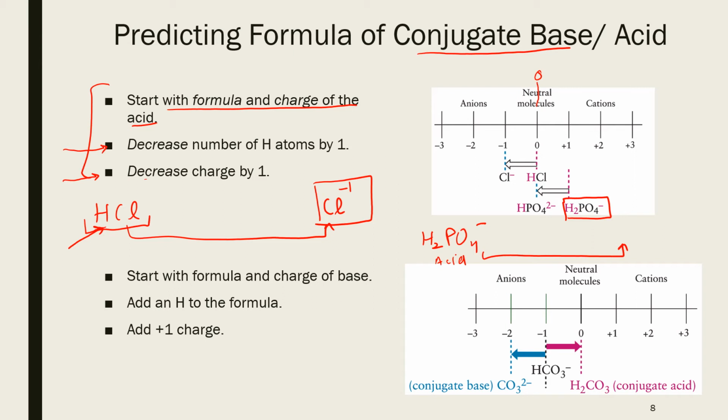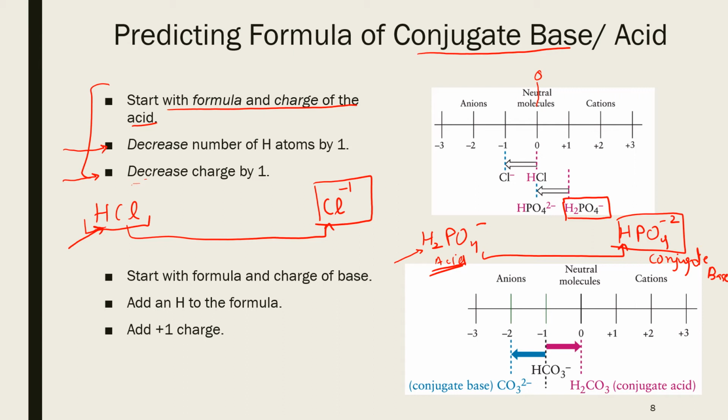Our hydrogens are 2 on this side, so if we decrease it, we'll have 1 hydrogen, so it will be HPO4. The charge is -1, so we're going to decrease by 1 more, so the charge will become -2. So the conjugate base of H2PO4 negative will be HPO4 2 negative. This will be the conjugate base of this acid.